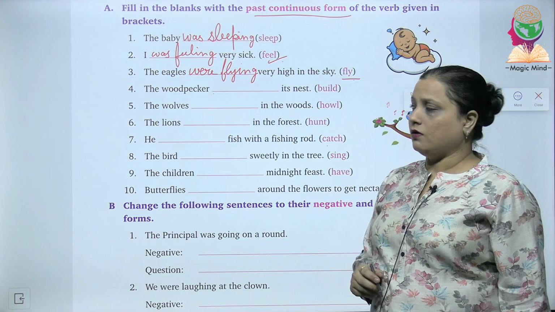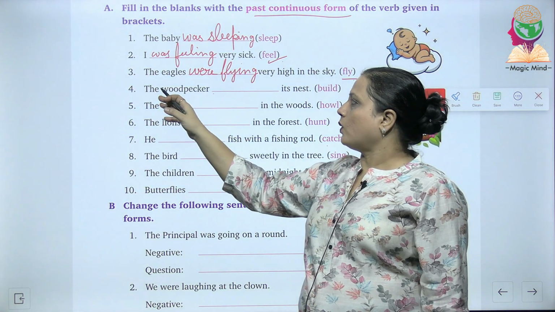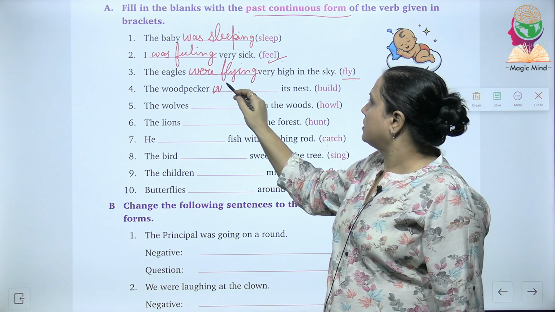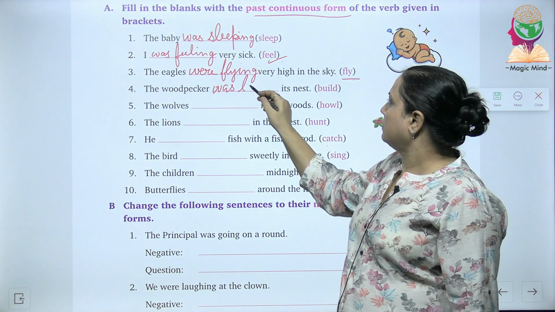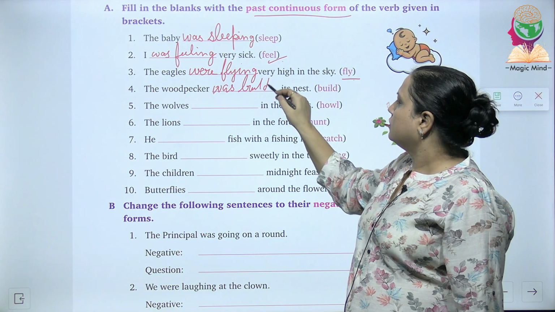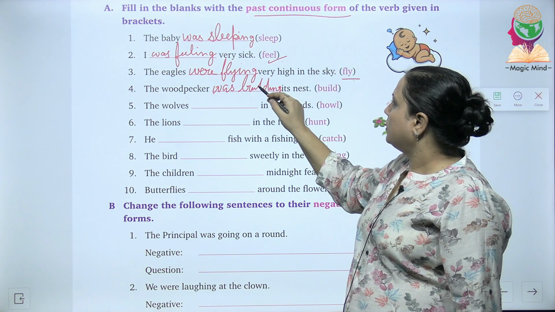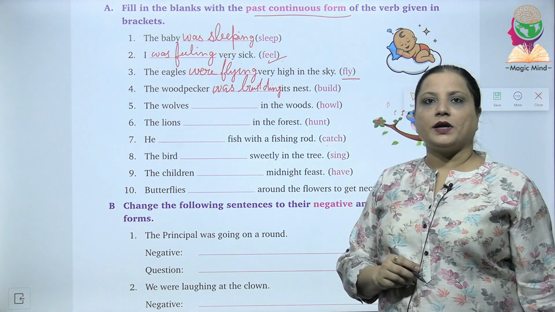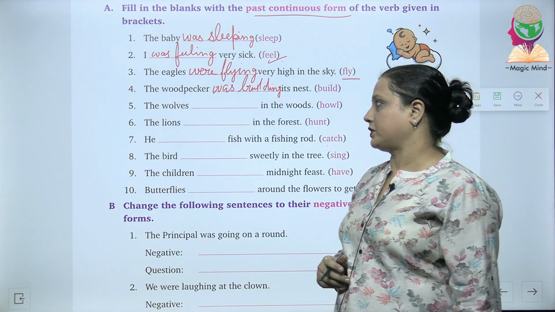The eagles were flying. Fourth one, the woodpecker was building its nest. The woodpecker was building its nest.